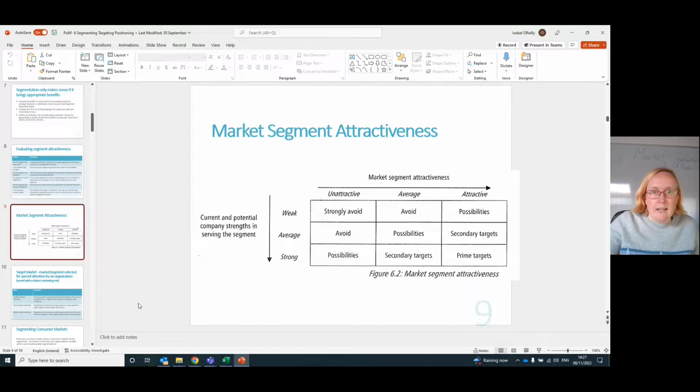We looked at this table. Then once we've gone through the various questions, we can categorize things according to each market, according to our ability to serve that market on the vertical axis, and the segment attractiveness on the horizontal.